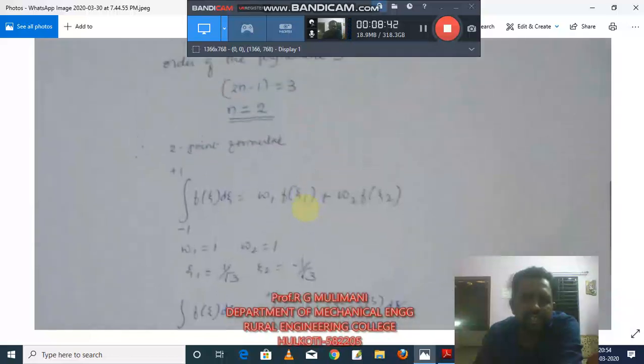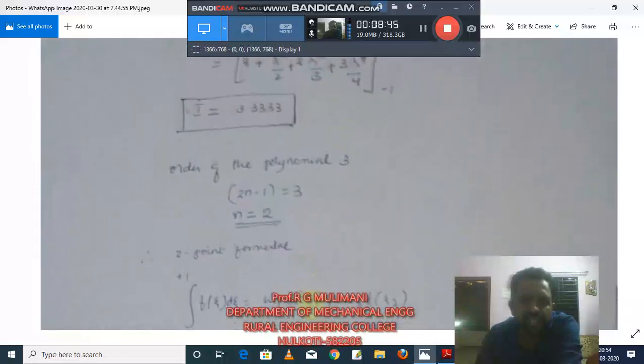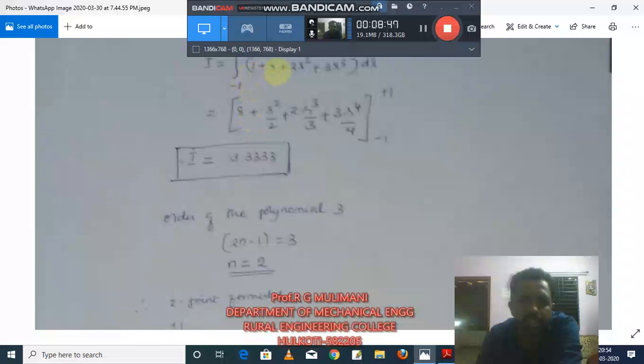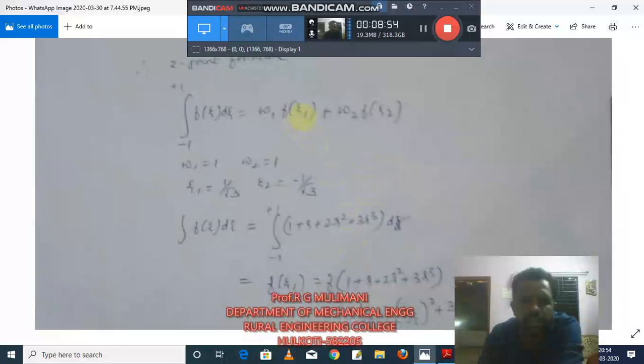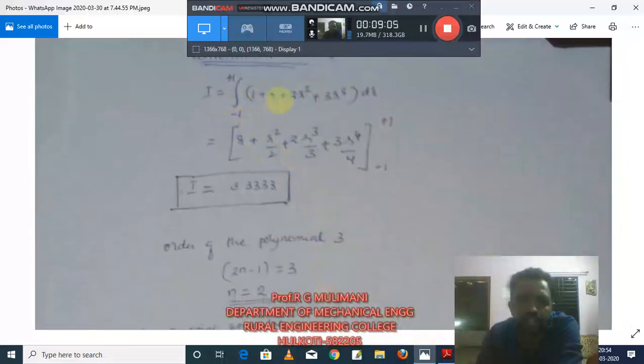This is the function: 1 plus r plus 2r square plus 3r cube, where we substitute the value of zeta 1, that is 1 divided by square root of 3. Similarly, f of zeta 2 means, in this function, 1 plus r plus 2r square plus 3r cube.